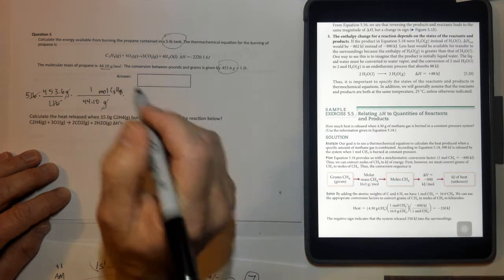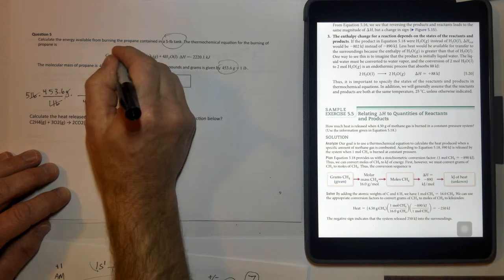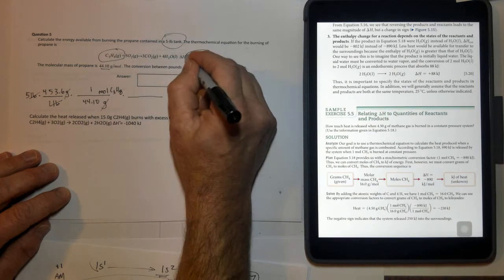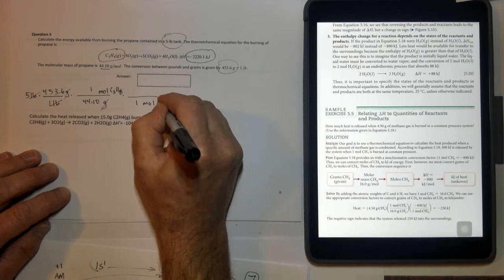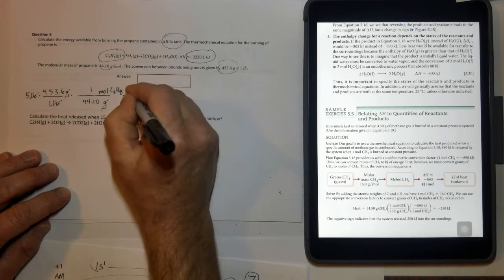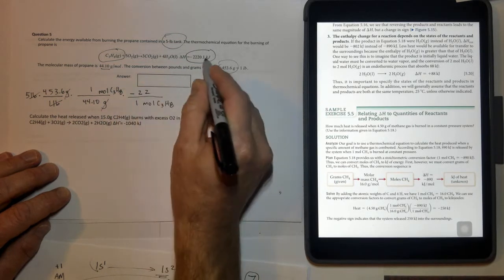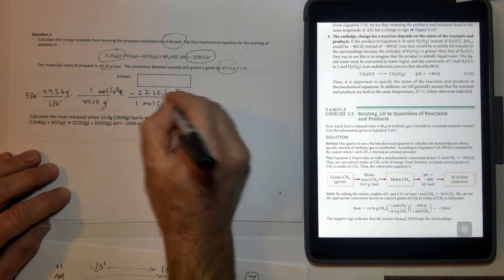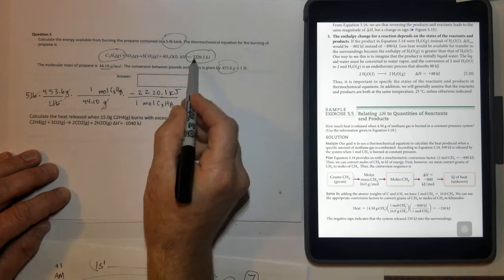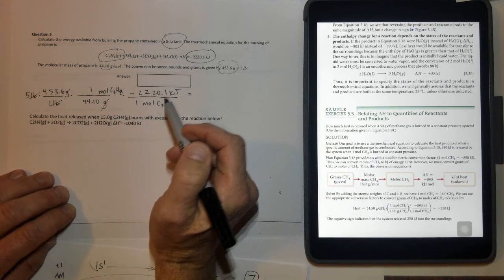Then we can use the thermochemical equation, and we can relate moles of propane to energy that's released. And in 1 mole of C3H8, there are 2,220.1 kilojoules of energy released. Notice it's a minus sign right there because that's energy that's released.